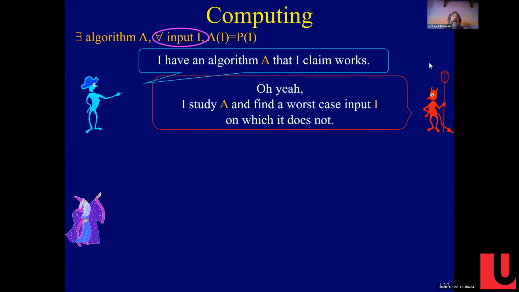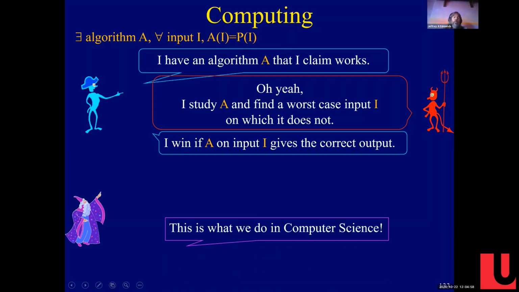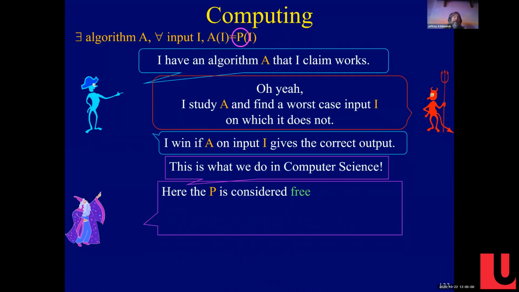And then the adversary is going to come and say, you claim A solves P. Yeah, here's an input. Does it solve P on this input, right? I'm claiming this input is a bad input, right? And then the prover wins if A does in fact solve P on this input, right? And that's computer science, right?